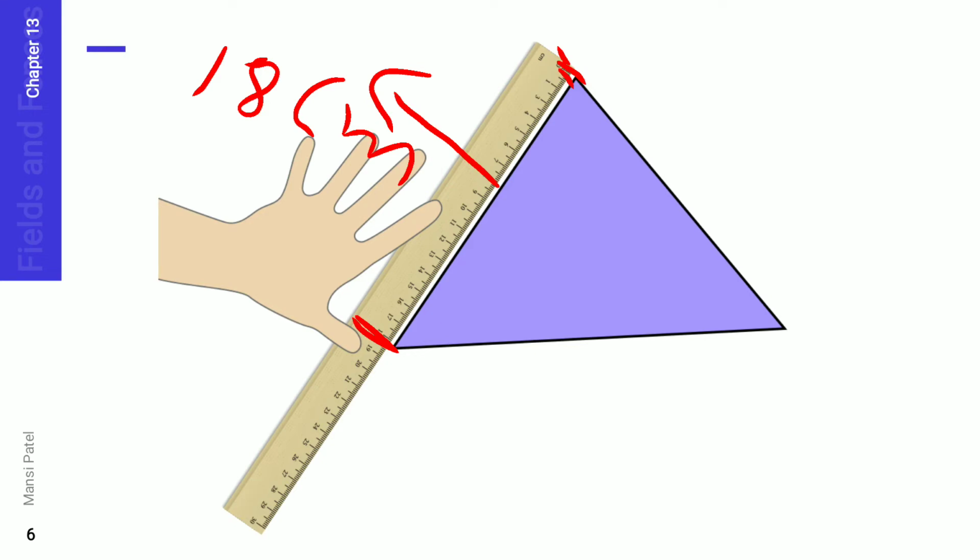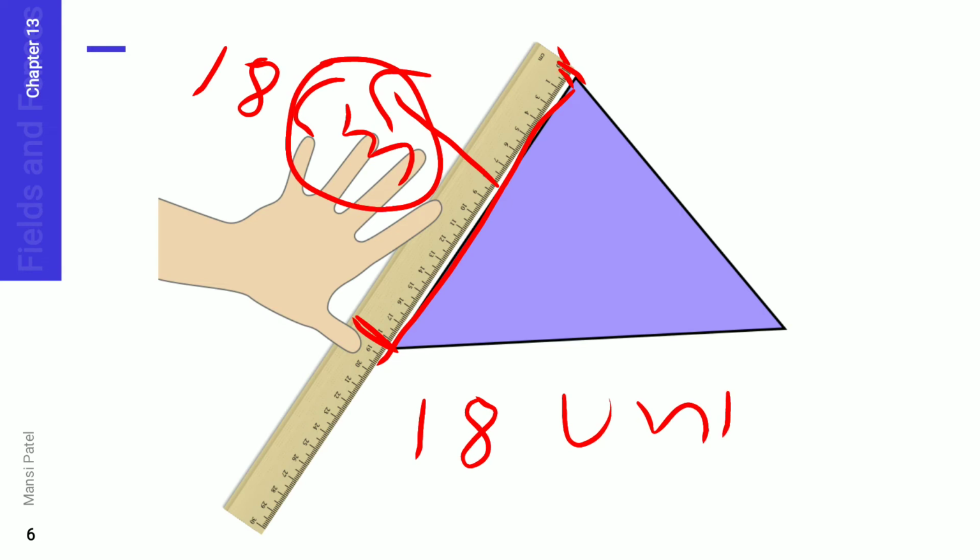If no units are given to you, then you have to write only the word unit. Here we are measuring this side in centimeter, therefore we write centimeter. But if nothing is given as a unit, then we have to write it like this, 18 units.